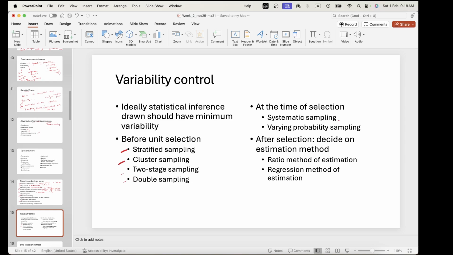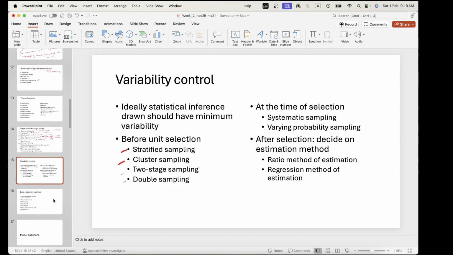At the time of sample selection, we have to see how we are collecting, is it with respect to some probabilistic measures or some sort of systematic sampling, what is the technique that we are using. And then once we have the sample, we have to decide on the estimation method that will give us an accurate picture of what could happen at the population level.